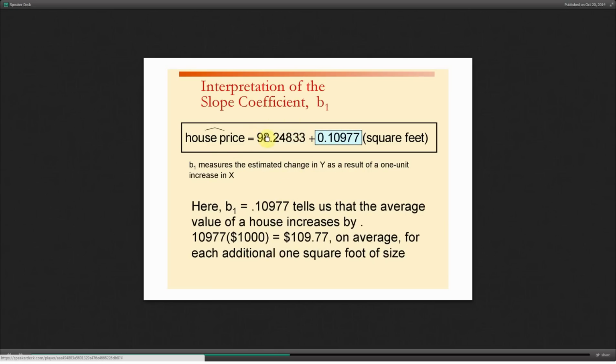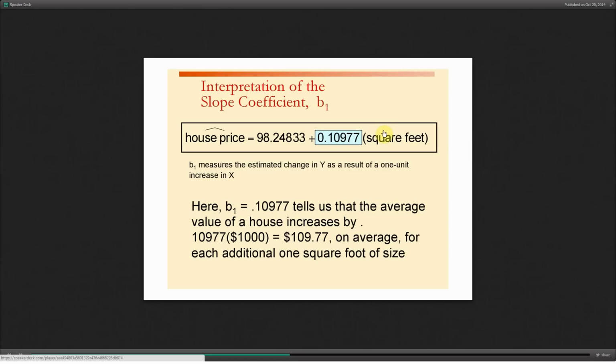Again, reviewing the interpretation of the slope, people tend to have trouble with this, but it's really not as bad as it might first appear. If I look at a change in square footage, how does that change house price? The easiest thing to look at is just a 1 square foot increase.